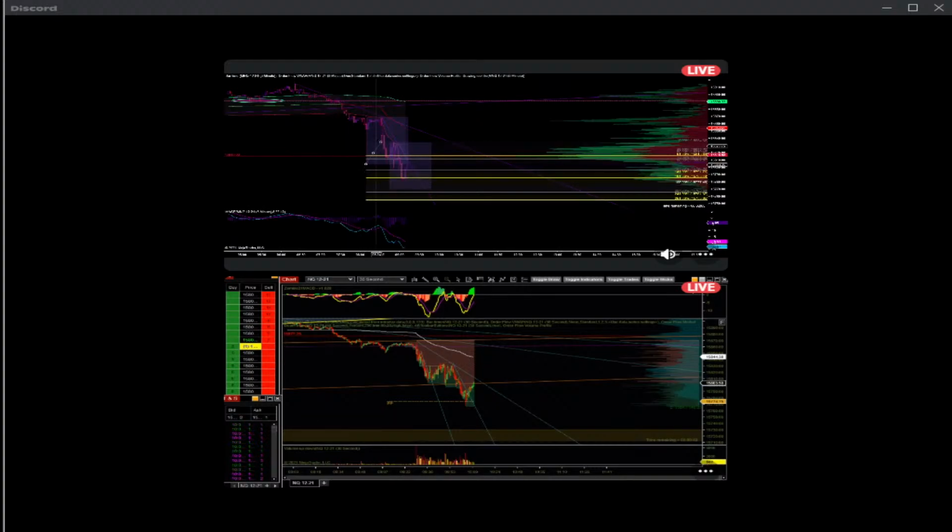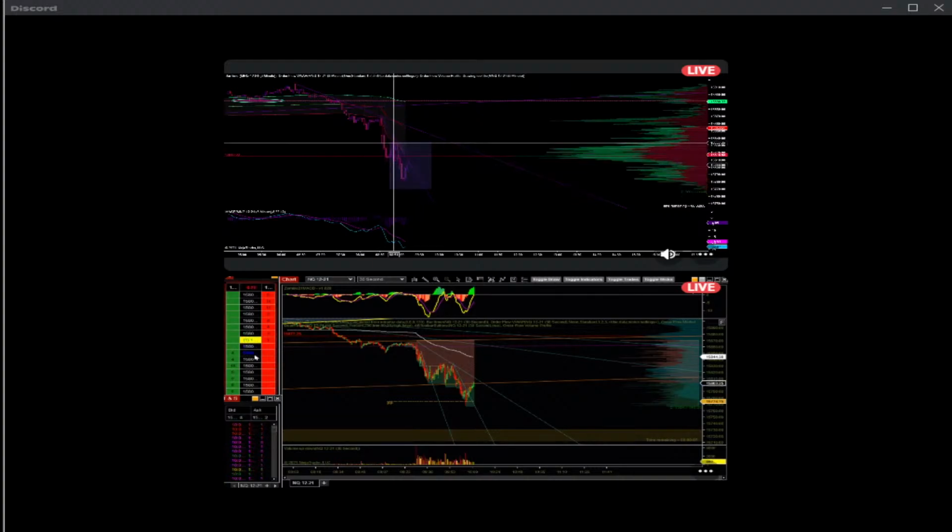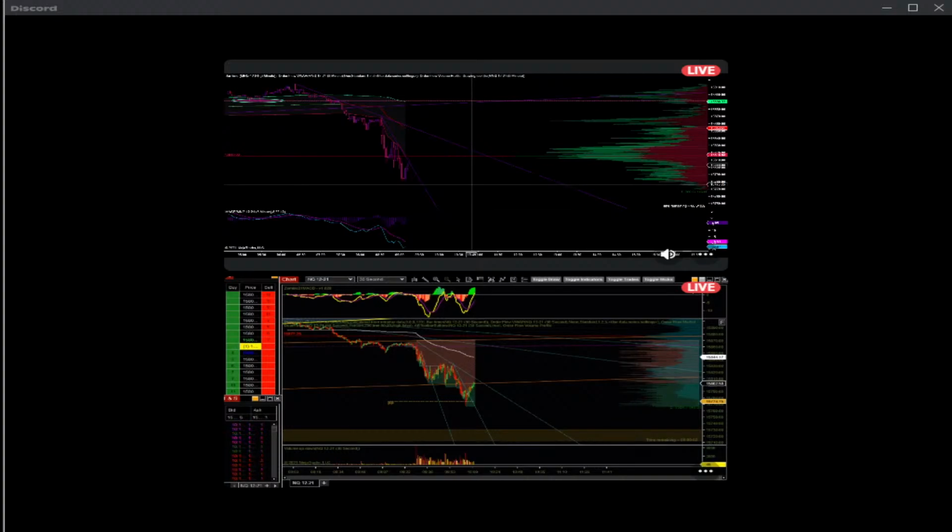B point hit. Testing the downtrend as well.